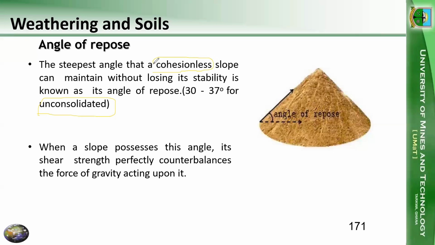Cohesionless means there's no cohesion, and unconsolidated materials are typically cohesionless. Absolutely no cohesion. Even sand with some amount of clay will have some cohesion. So cohesionless is like pure sand, like the one we use for construction.